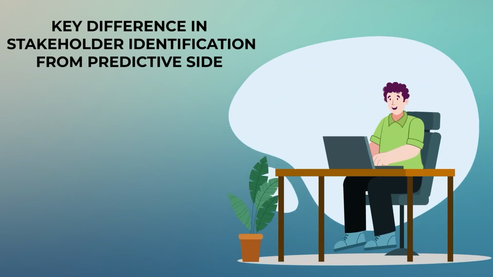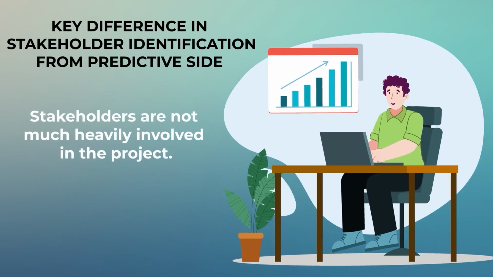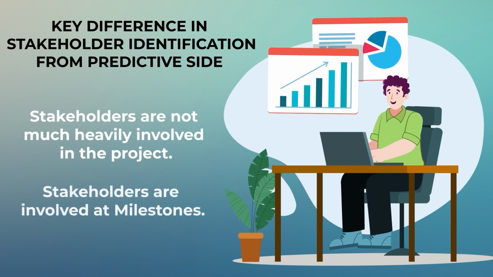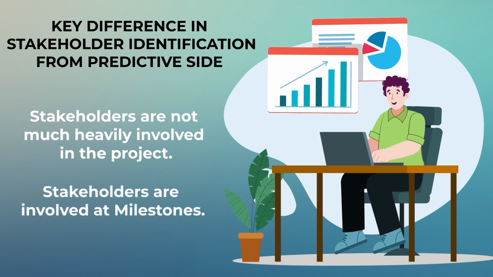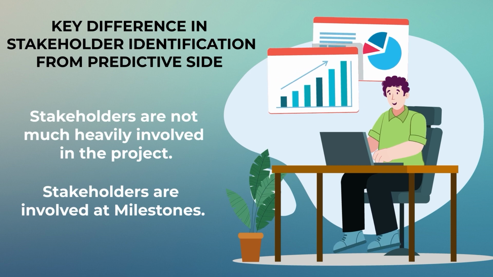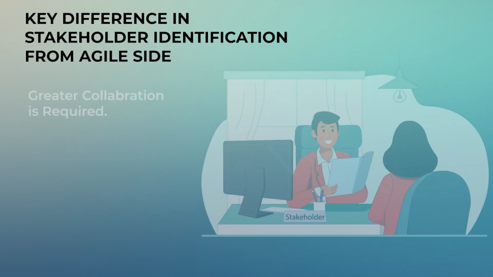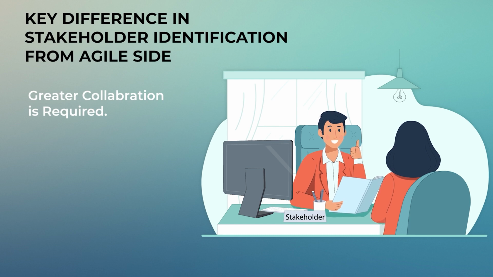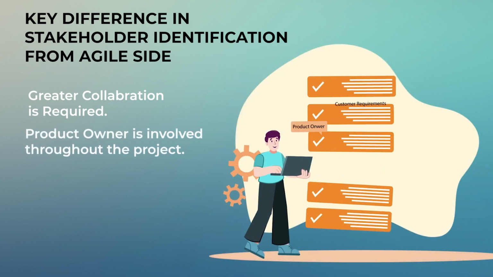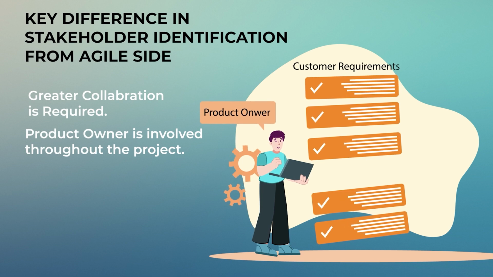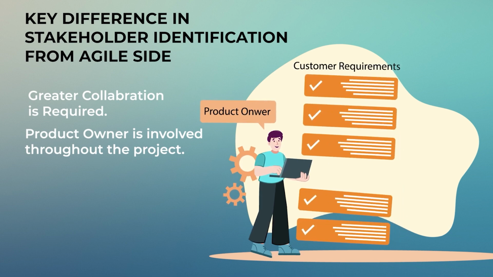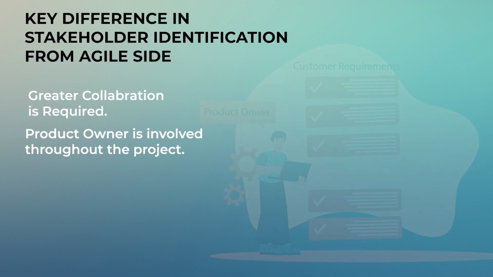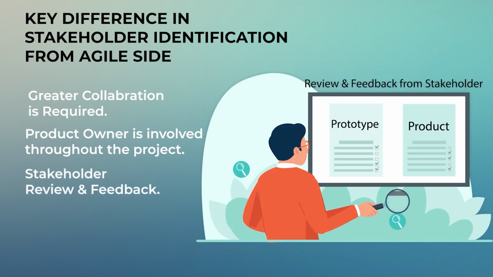However, what is the key difference? In traditional projects, the stakeholders are not very heavily involved. They may be involved at milestones, but on the agile side, there is greater collaboration required. For example, you're talking about sprints. The product owner, who is most likely somebody from the customer side, is involved throughout. You need greater collaboration from stakeholders.